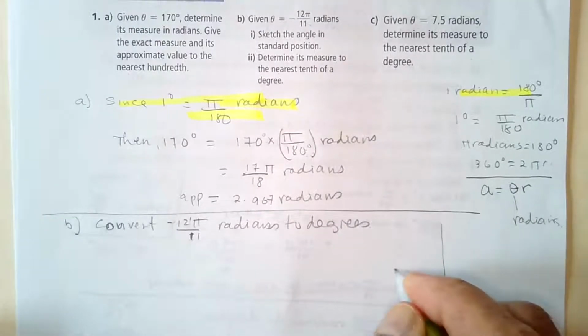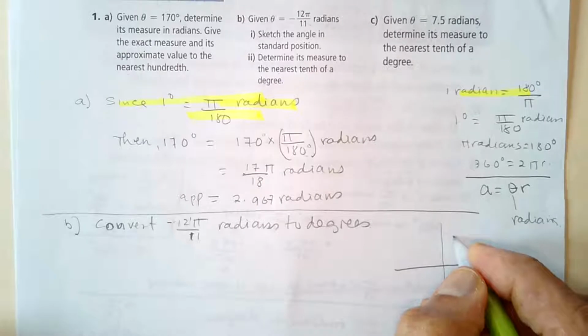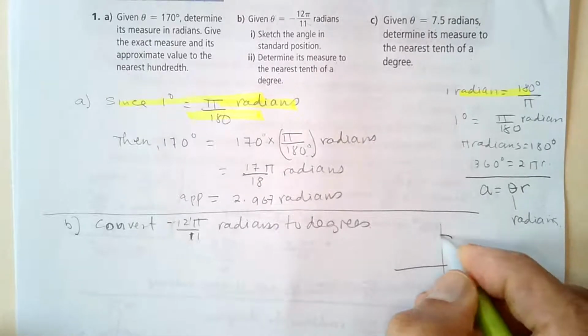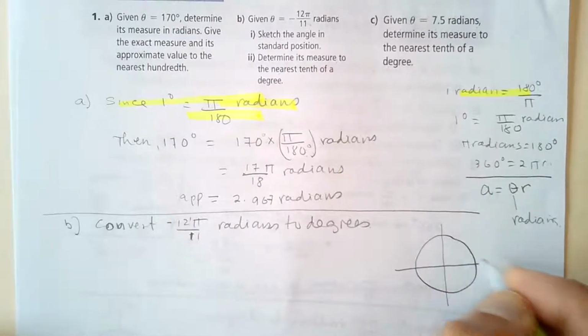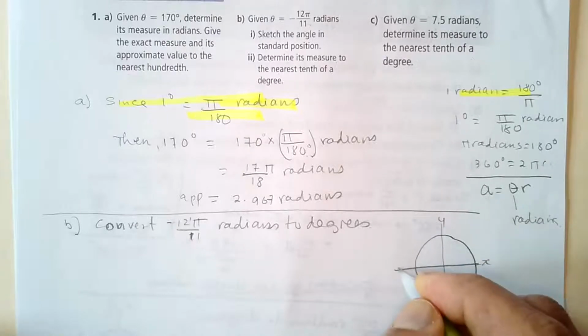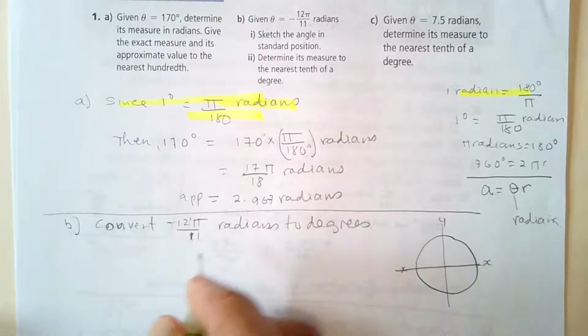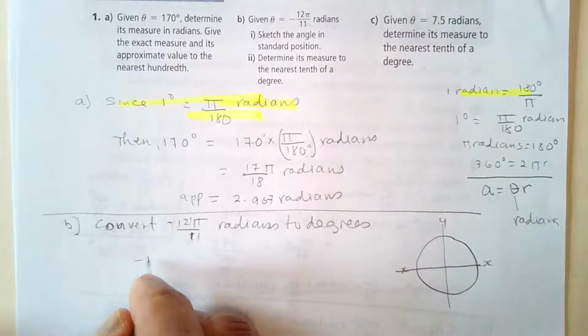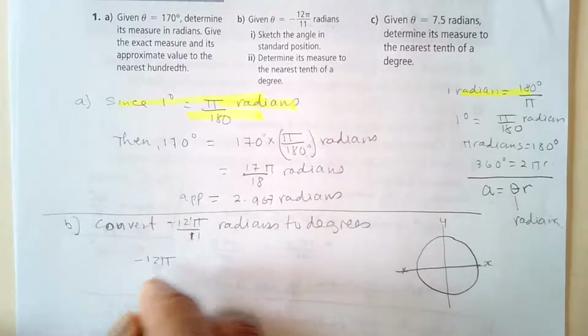We'll put the graph here. So we have negative 12 over 11.